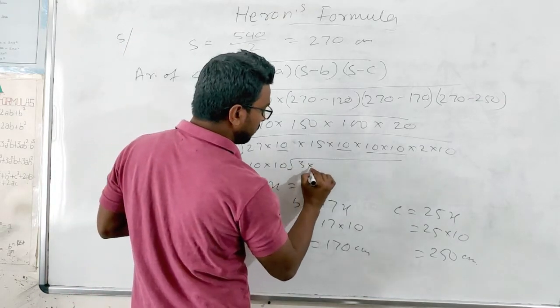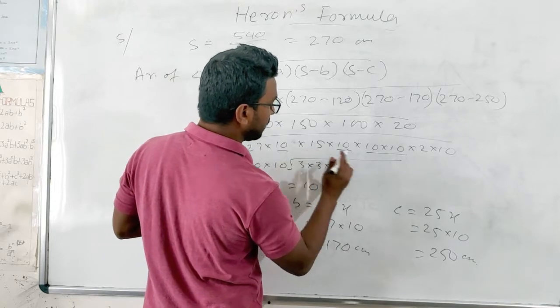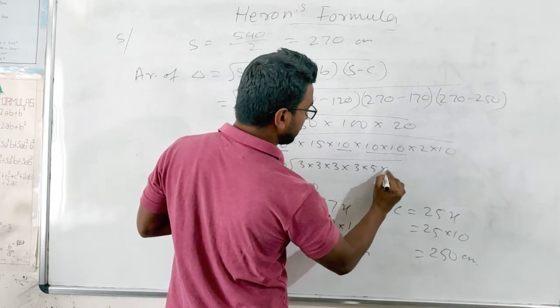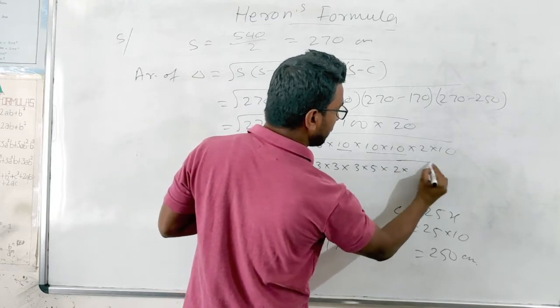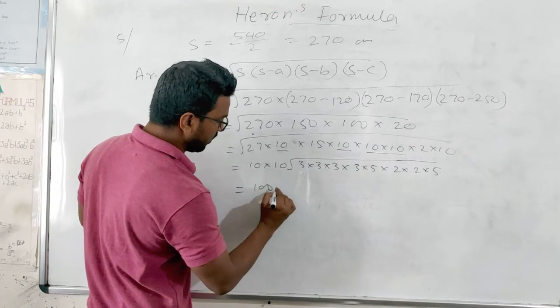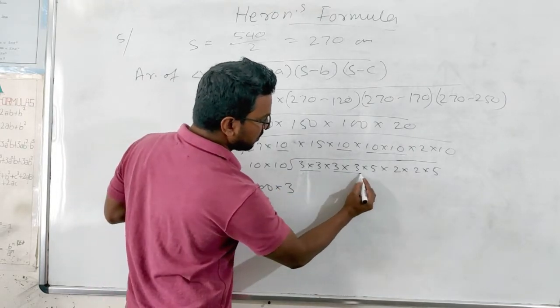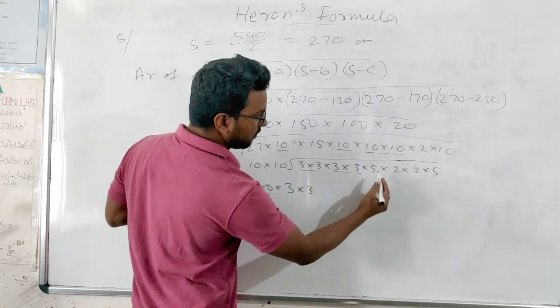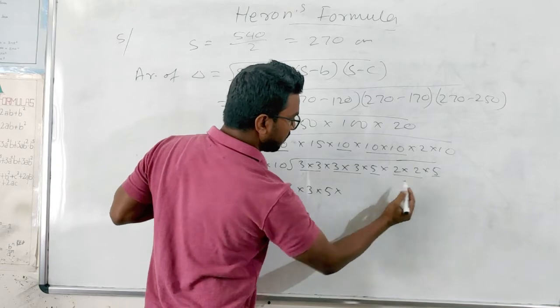So we can write 3 into 3 into 3, 15 can be written as 3 into 5. These are prime numbers, right? This is 2. This is left. This can be written as 2 into 5. 10 into 10, 100. This is in pair. It will come out. This is also in pair. Come out. This is in pair. It will come out. This is also in pair. Come out.